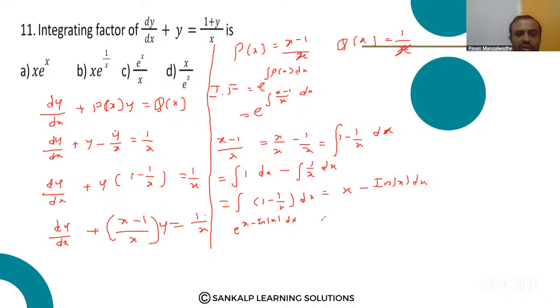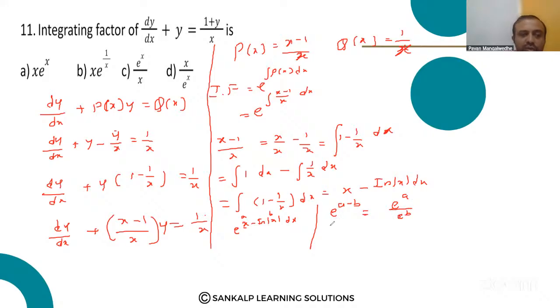Now the integrating factor can be rewritten, simplifying it, as e raised to a minus b, where this is a and this is b. e raised to a minus b is e raised to a upon e raised to b.